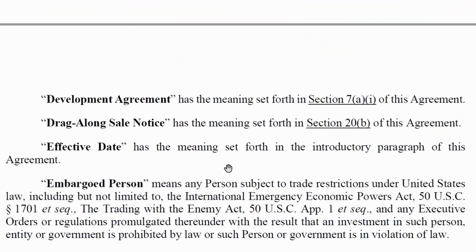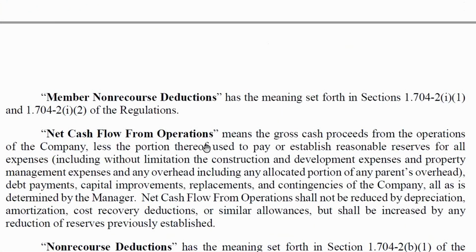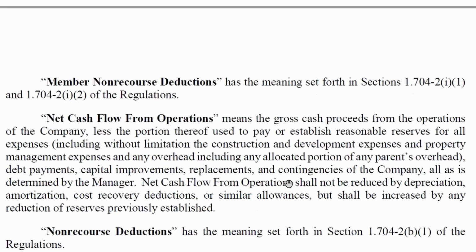Let's go to the definitions and hope it's there. Net cash flow from operations, meaning gross proceeds from the operations of the company less the portion non-recourse. So when you see a capitalized word in the document, it generally means everybody has agreed to what that definition is.